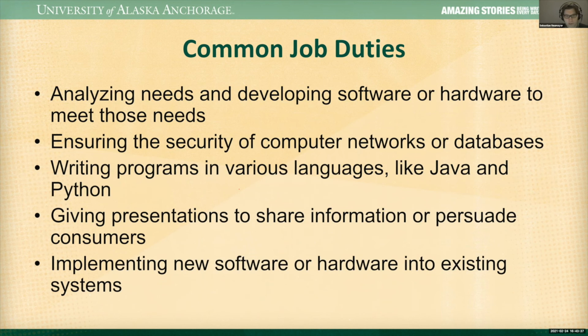Maybe I'll just quickly go over the job duties. Example job duties include ensuring the security of a computer network, so maybe you'll be a network administrator. Or maybe you maintain some database and build an interface for that, or develop software.